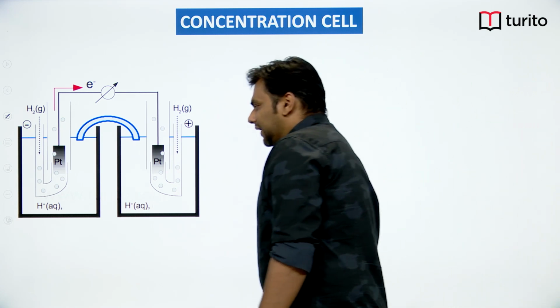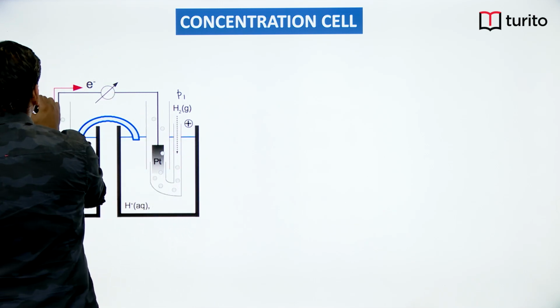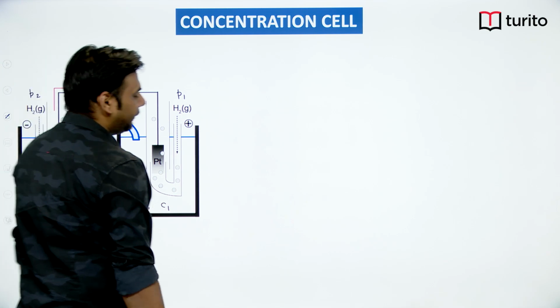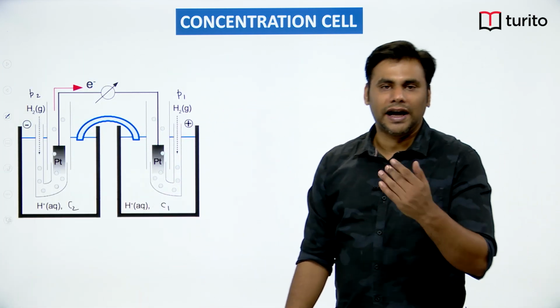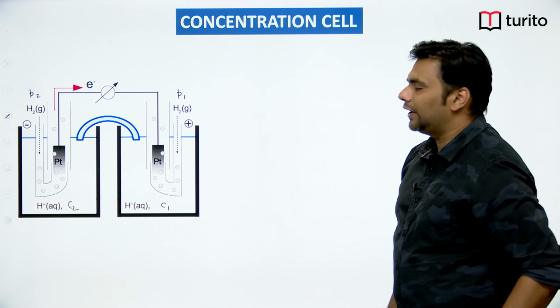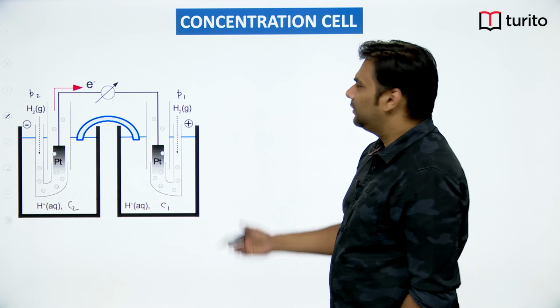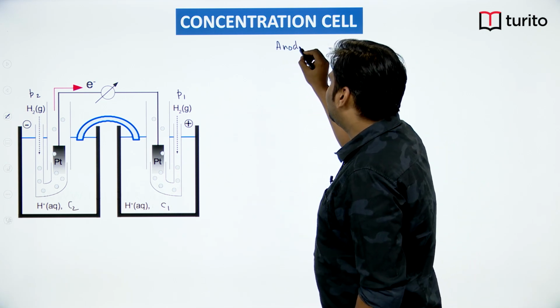Now let us take a case in which this has a pressure of P1, this has a pressure of P2, this has a concentration of C1 and this has a concentration of C2. That is, the concentration of the electrolyte as well as the partial pressure of hydrogen are different. Again we have to write the Nernst equation. First we will write the anodic half cell.